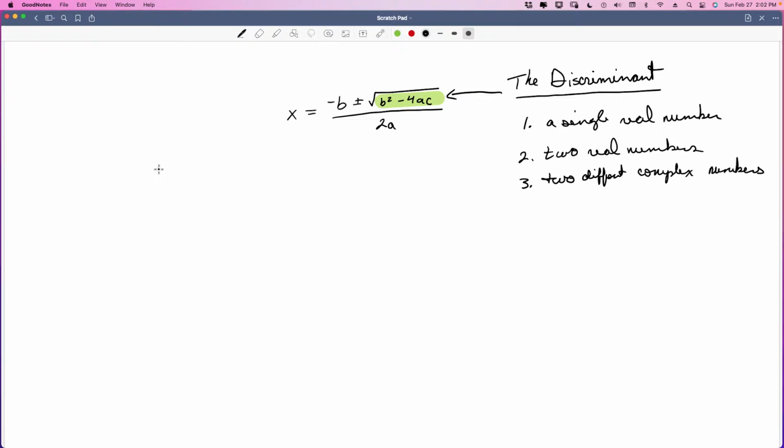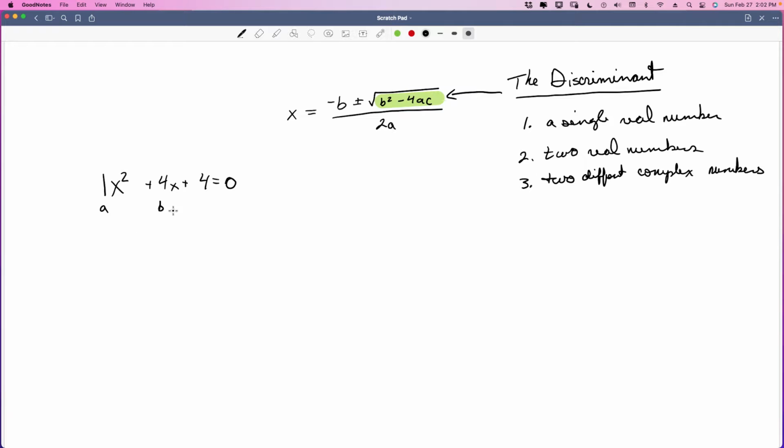So what we can do when we have our equation set equal to 0, we know that if we have, let's say, x squared plus 4x plus 4 equals 0, there's a 1 right here. That would be our A term.